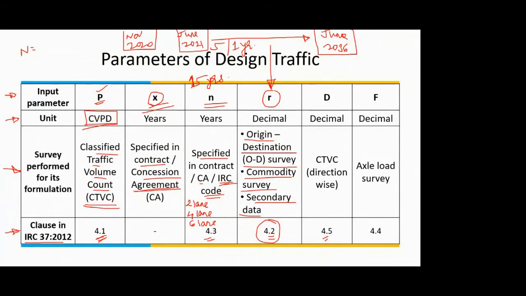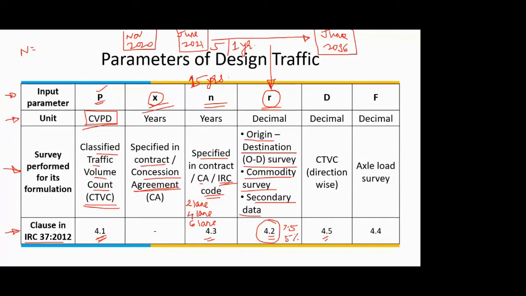So this is an example for the growth rate. Now, though it's a very small unit, you need it in decimal. So in the IRC code, they have mentioned that you have to take the growth rate, or calculate the growth rate, from the data that you have collected from the survey. And if not, then you can take some arbitrary values of 7.5% or 5%.